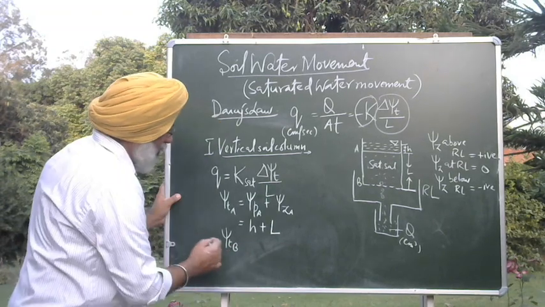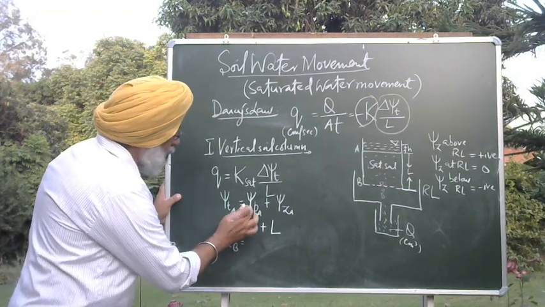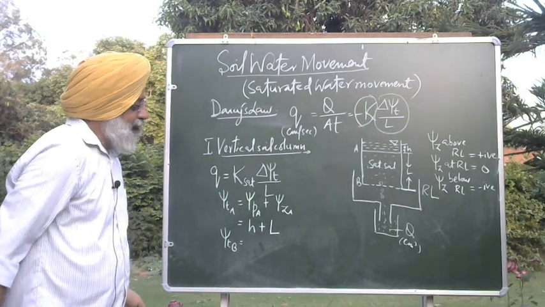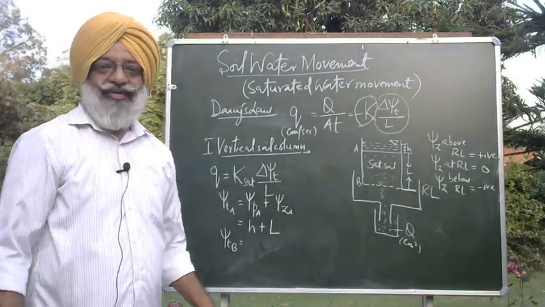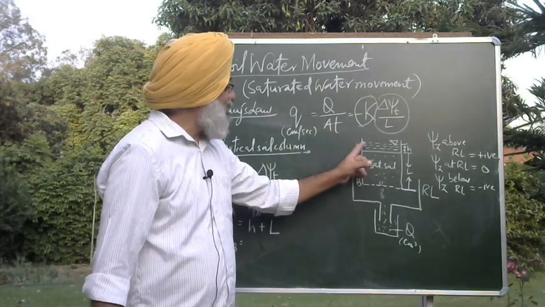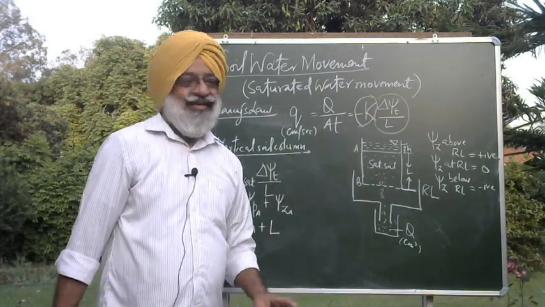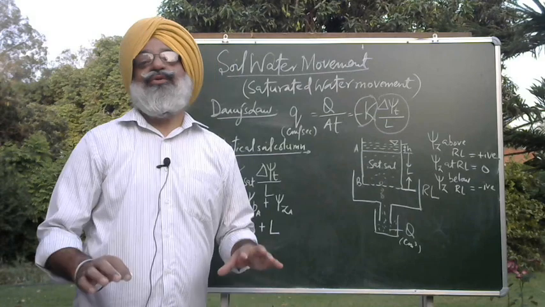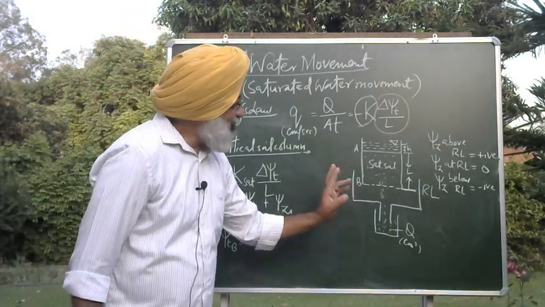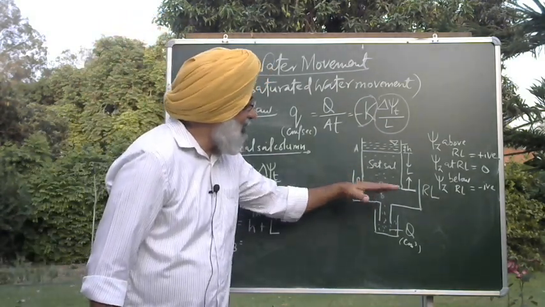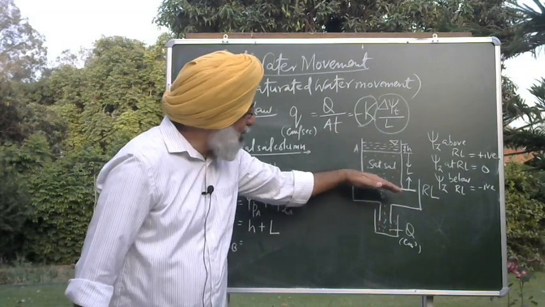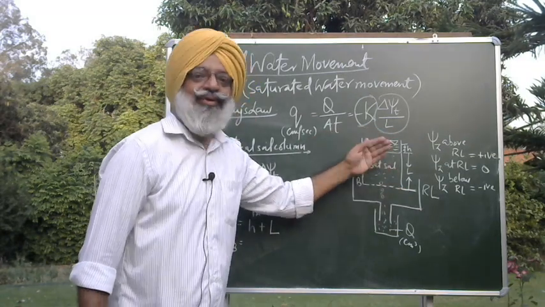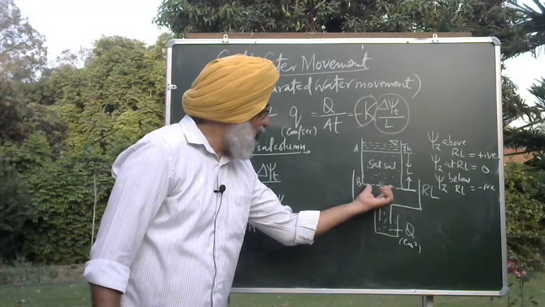Now, what will be the total soil water potential at B? People here will immediately say it will be this plus this, that means H plus L. No, this is wrong. You have to keep in mind that at B, the water is not stagnant. Whatever water is coming from A to B, it is flowing freely out of B. It is flowing over here.